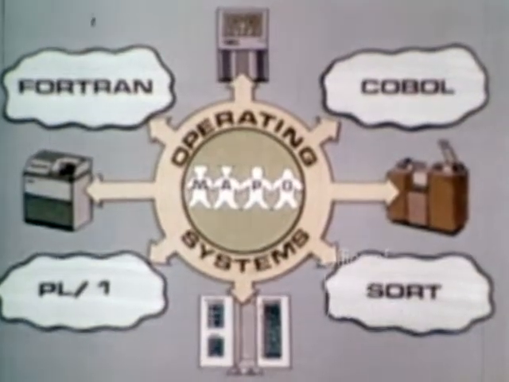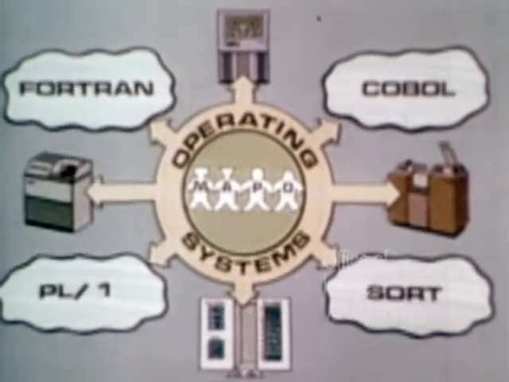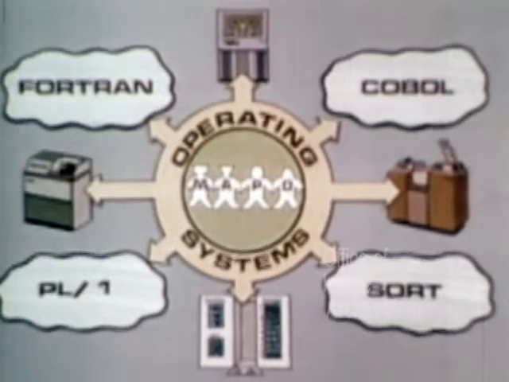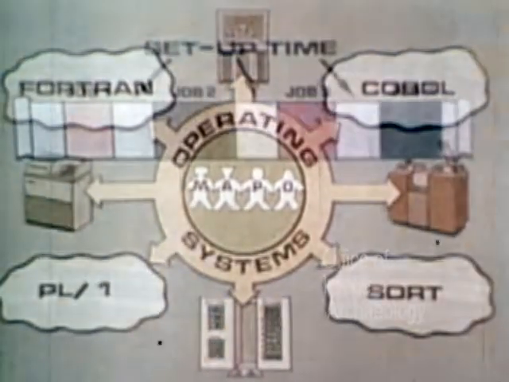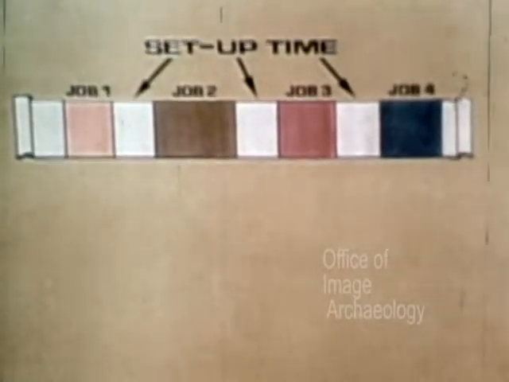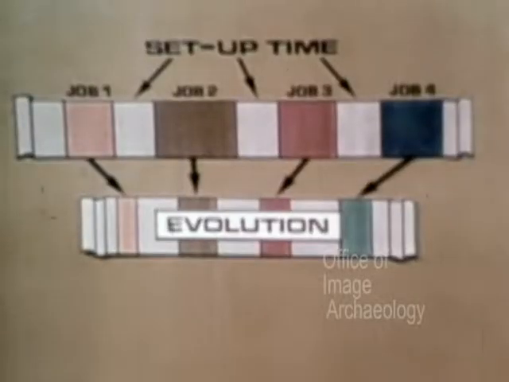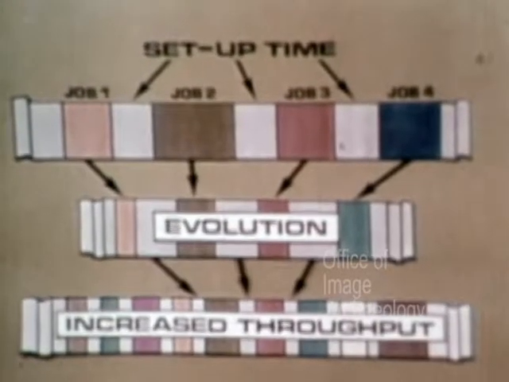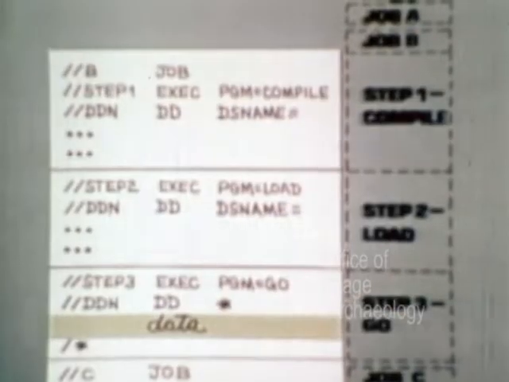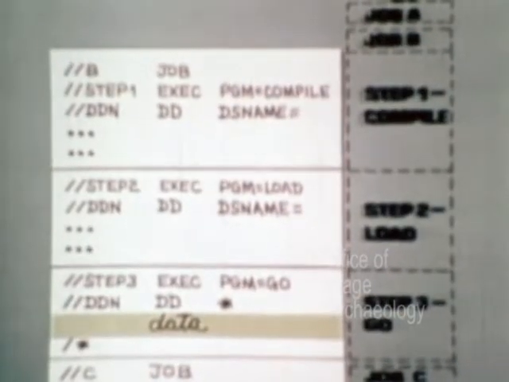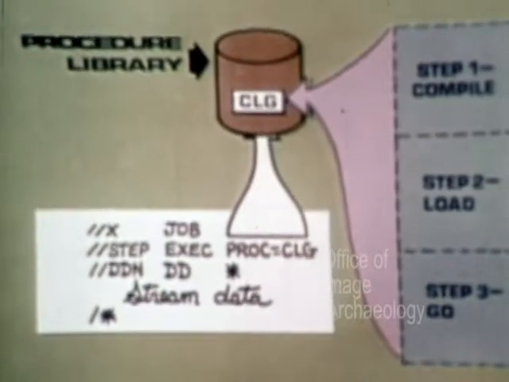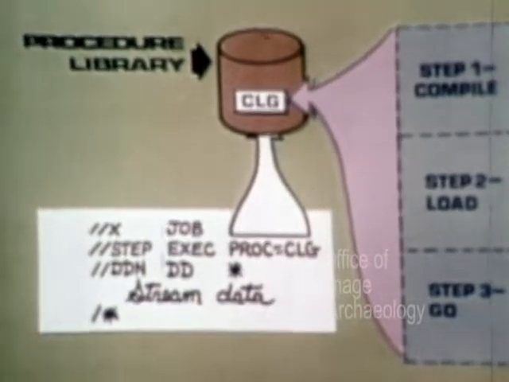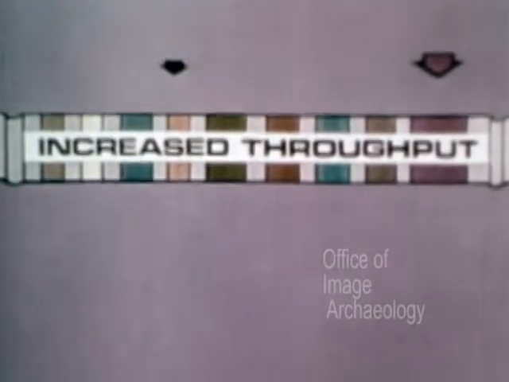Let's review. In this lesson, you've learned these fundamental operating system concepts. Setup time. Why operating systems evolved. Throughput. Job control language. Cataloged procedures. Priority scheduling.